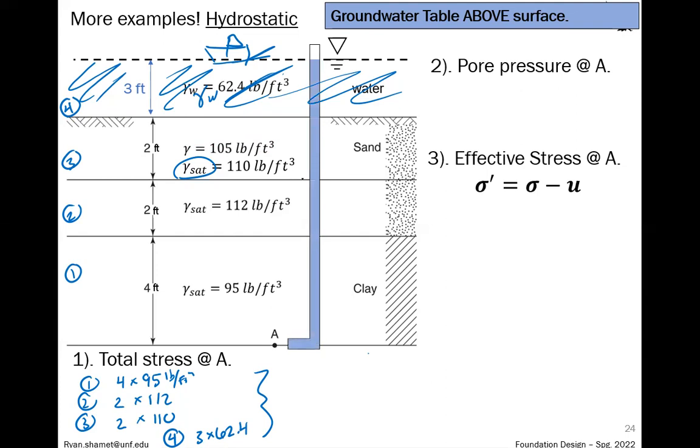So this is all equal to now 1,000 whatever PSF. This is our total stress. A, still A. Our pore water pressure. Now we have 11 feet. That's our HW.